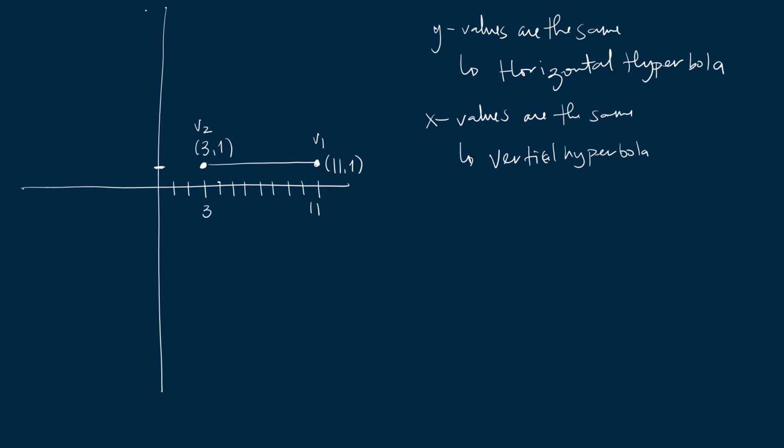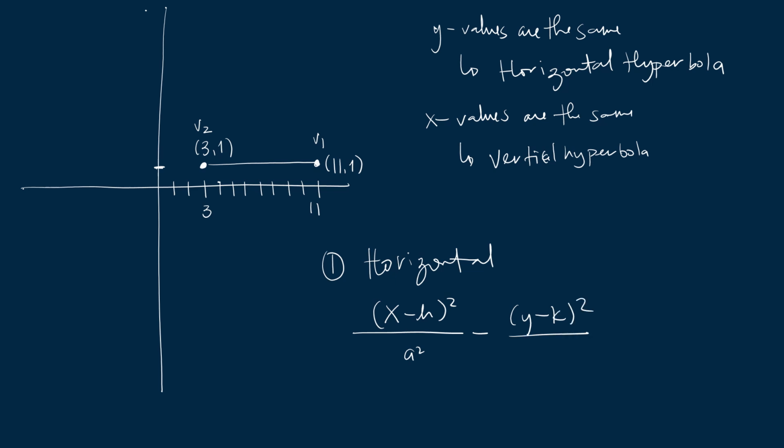And based on that, number 1 for us, this is a horizontal hyperbola having the equation x minus h squared over a squared minus y minus k squared over b squared is equal to 1. And that is your standard equation. Okay? So, we can now go to the next slide to get now the solution for our center.